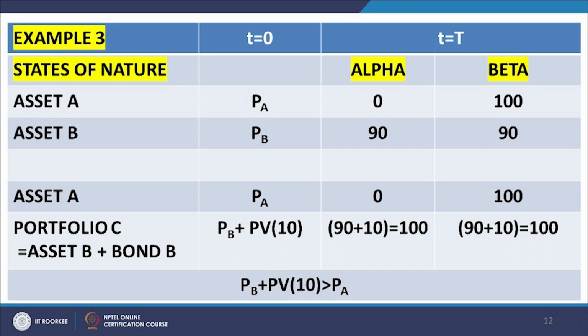Now, what does it imply? Because portfolio C is definitely superior in either state of nature, in state alpha it is obviously superior, in state beta it is identical.